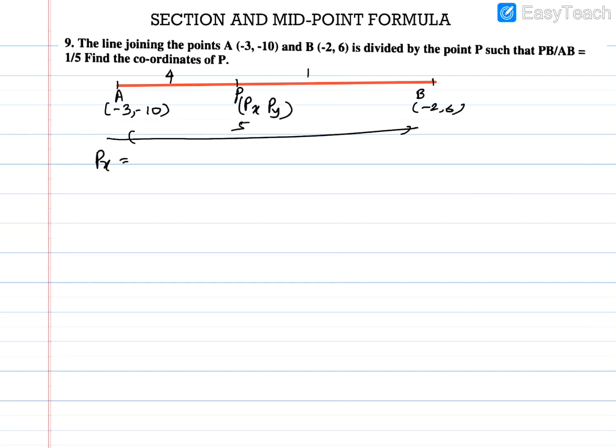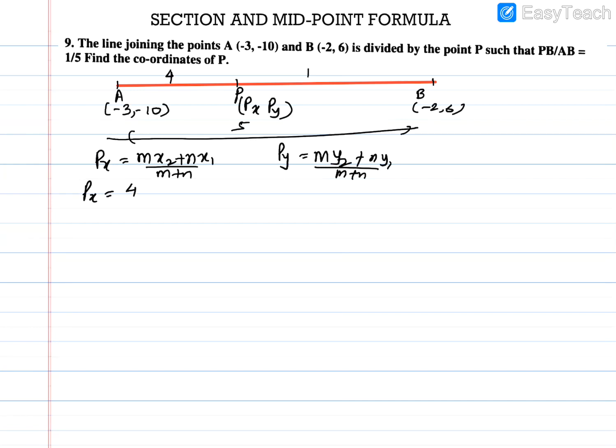We know that Px will be equals to mx2 plus nx1 upon m plus n, and Py will be equals to my2 plus ny1 upon m plus n. Now what is m? M is 4.